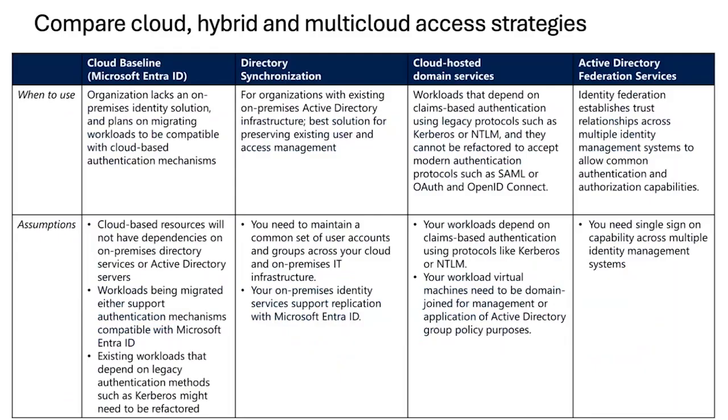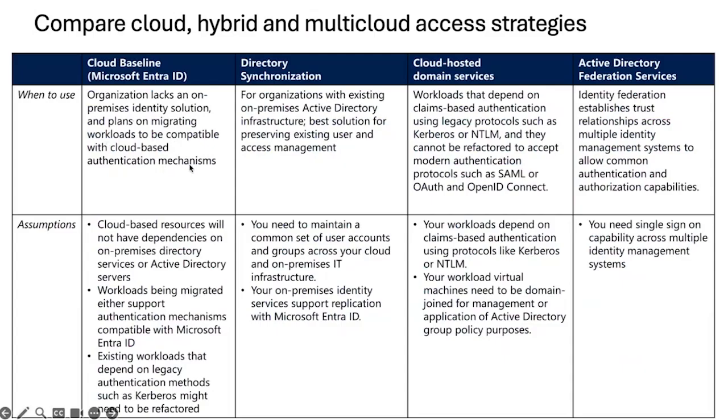So if you come to this, compare cloud, hybrid, and multi-cloud access strategies. When to use the cloud baseline, pure cloud? When an organization lacks an on-premises identity solution, they don't have any Active Directory system, and plans on migrating workloads to be compatible with cloud-based authentication mechanisms.